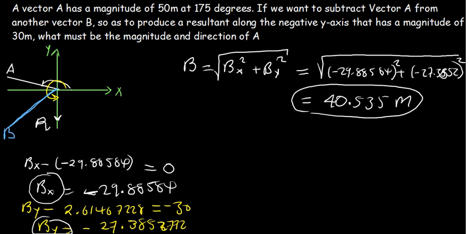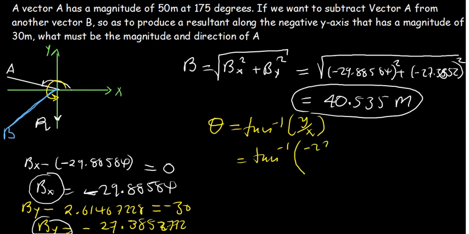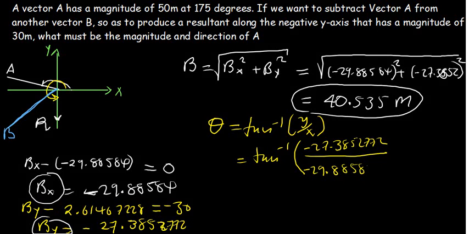All right, so let's find the angle. We know that the angle is always given by tan inverse of y divided by x. So this is going to be tan inverse. The y component in this one, you can see that is a negative 27.3852772. The x component is negative 29.88584. All right, so we get to punch this.